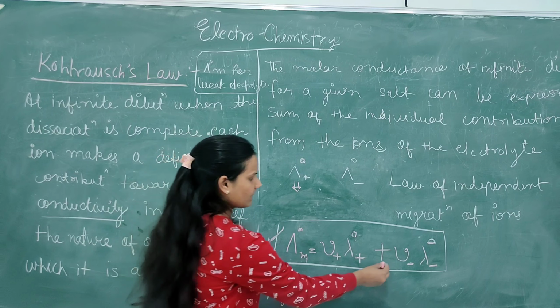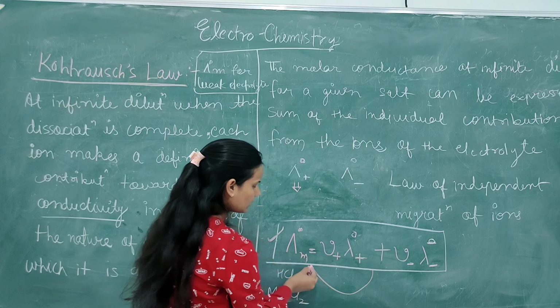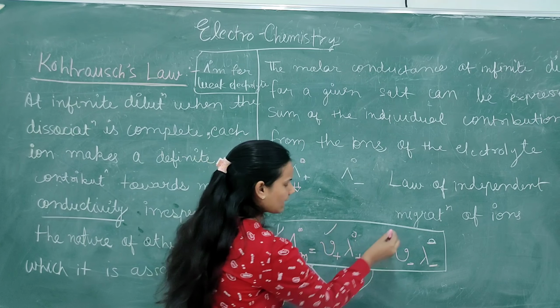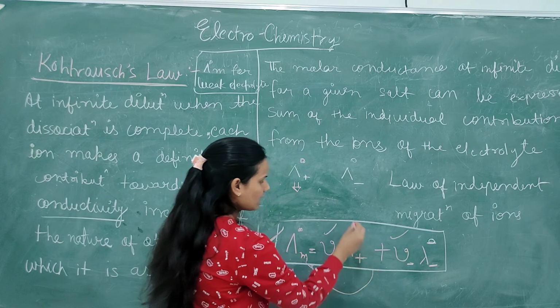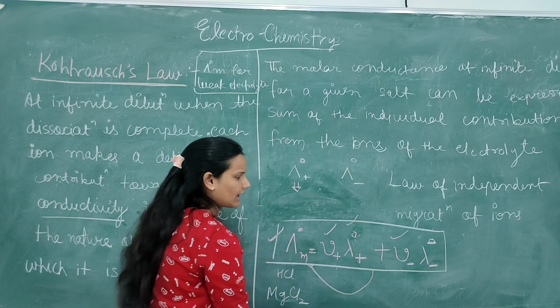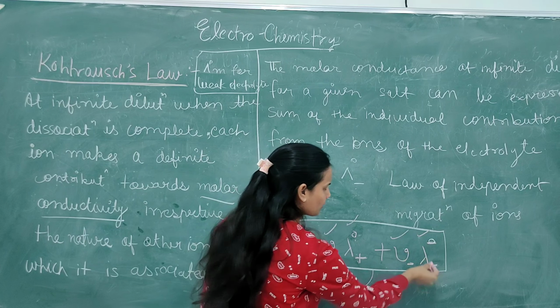So they are independently contributing towards the total molar conductance of the electrolyte. This is the number of cations, this is the number of anions, this is lambda naught positive for the cation, and this is the molar conductance at infinite dilution for the anion.